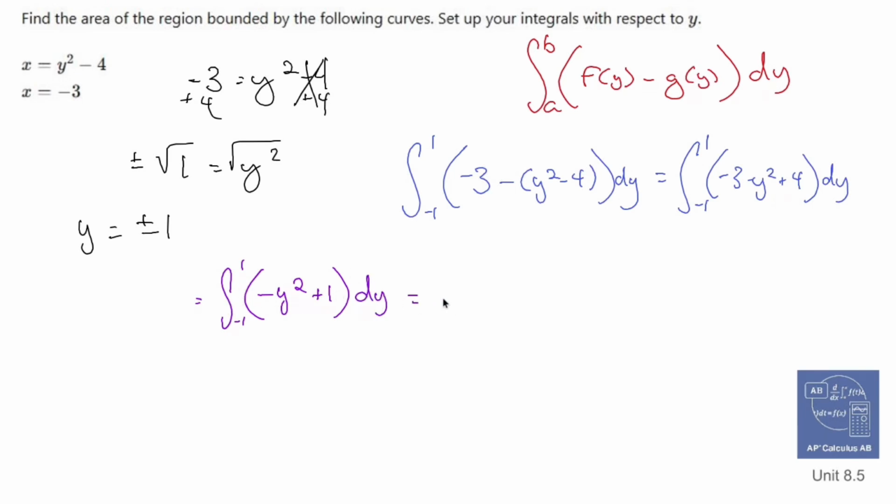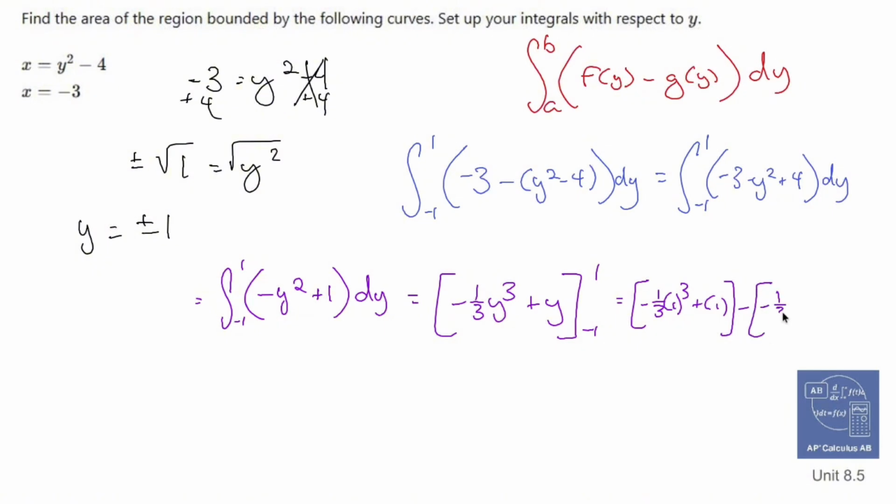Integrating negative y squared is going to be negative 1/3 y cubed. And integrating 1 is going to be just y. And my limits are still going to be negative 1 and 1. So now we plug our stuff in. Negative 1/3 times 1 cubed plus 1, minus negative 1/3 times negative 1 cubed plus negative 1.